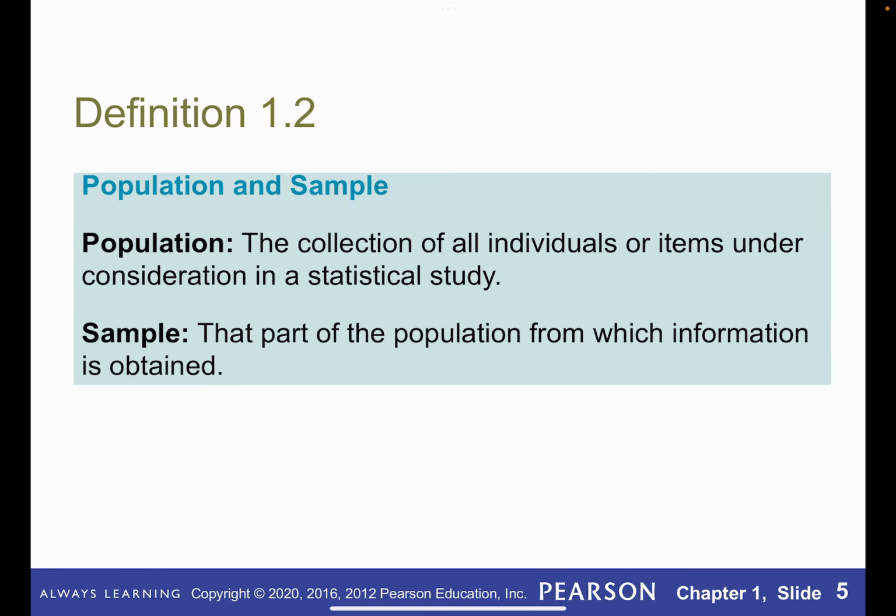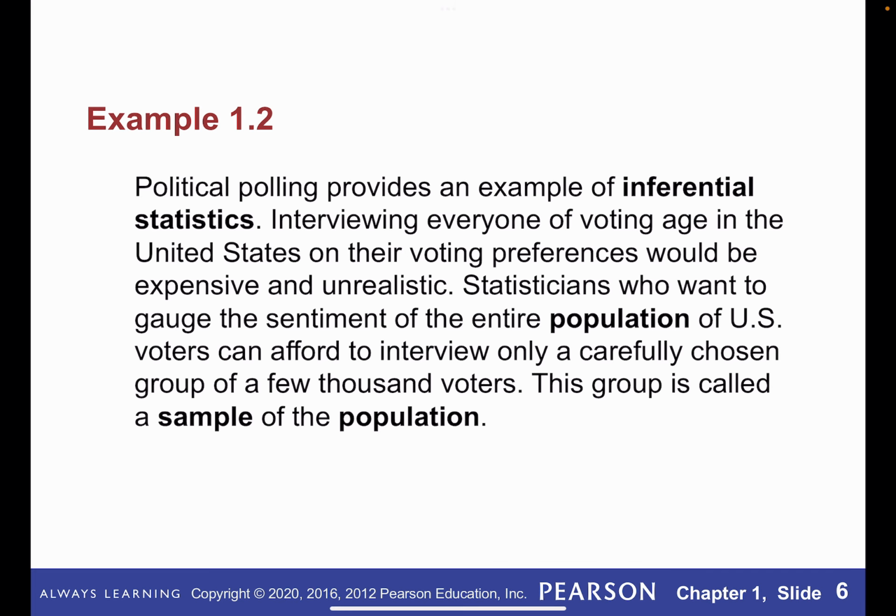All right, so here in example 1.2, we're looking at political polling, and this, according to what they say here, is an example of inferential statistics. If a person is interested in learning something about how people feel in the U.S., voting preferences, etc., then to interview every person in the U.S. would be unrealistic.